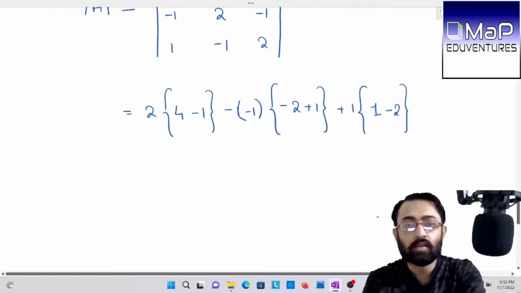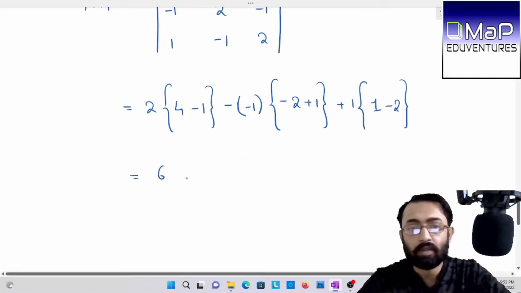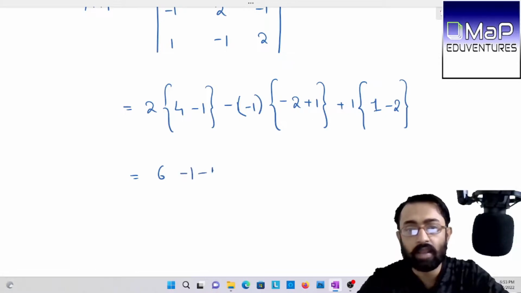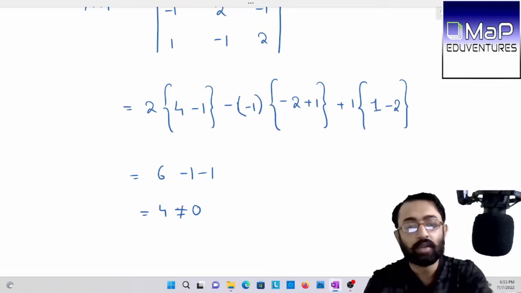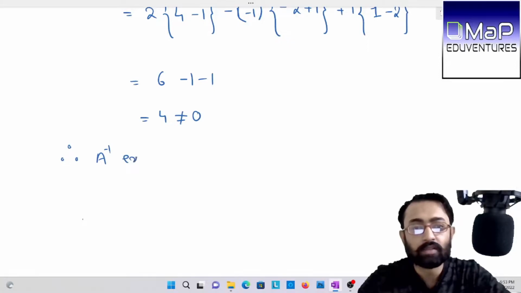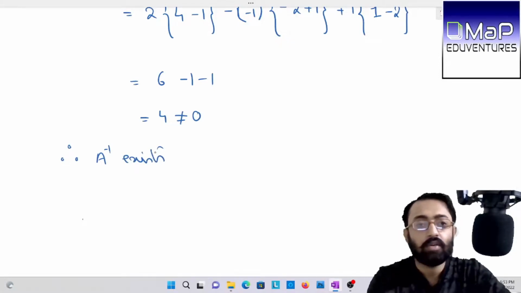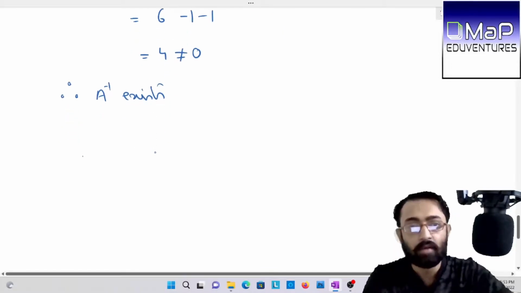Calculating, we have 6, then minus 1, and again minus 1, which equals 4 and not equal to 0. Therefore, A inverse exists. Since A inverse exists, we will move forward and find A inverse.